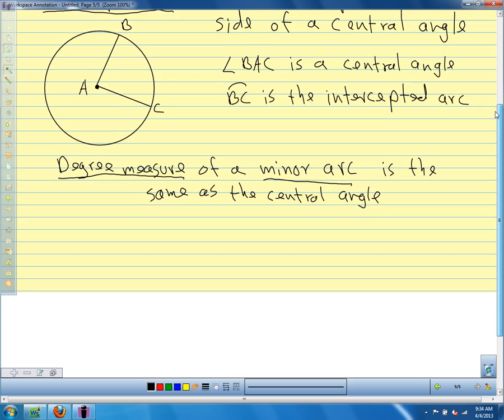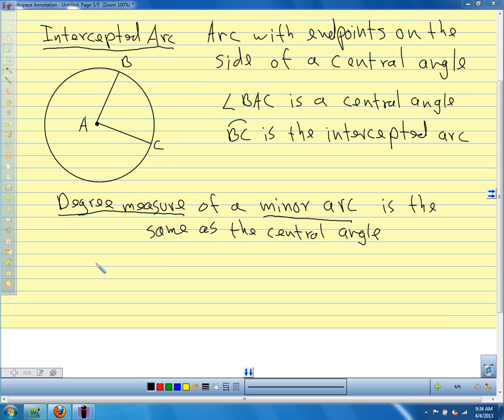To find the degree measure of the major arc, we know that there are 360 degrees in the entire circle. So if we know the minor arc, to find the major arc going the other direction, we subtract from 360 degrees.